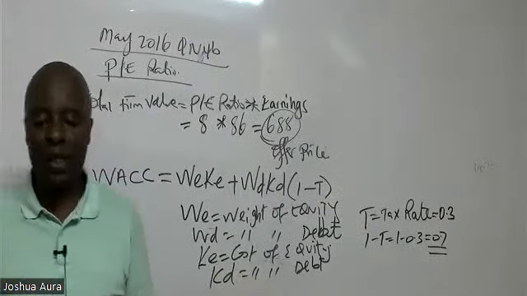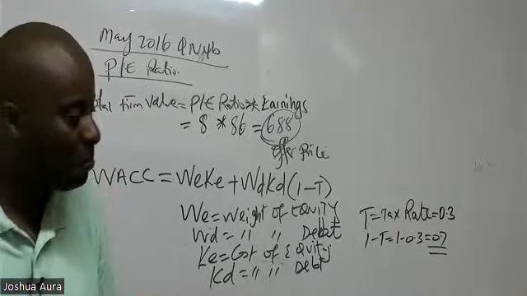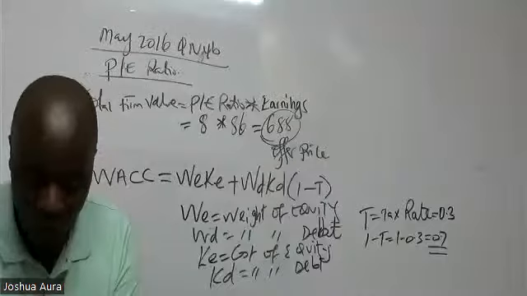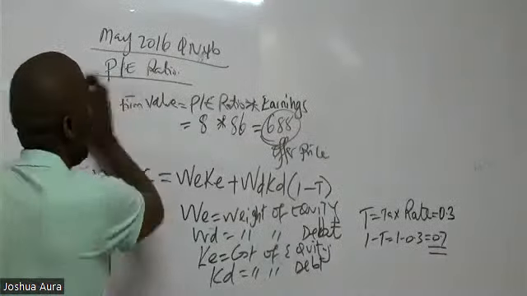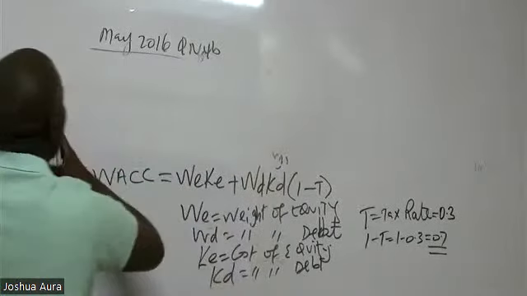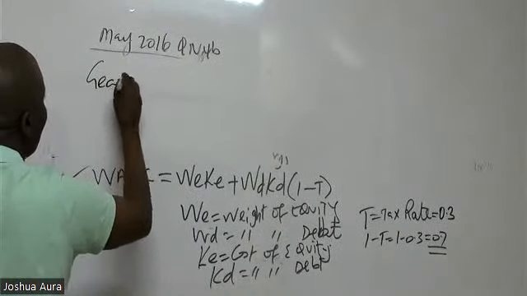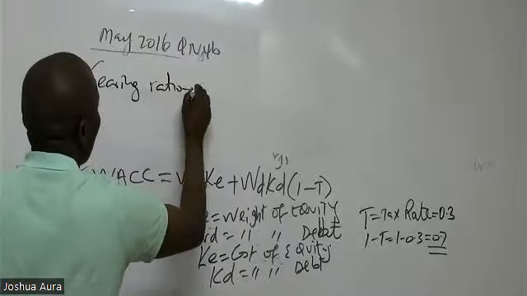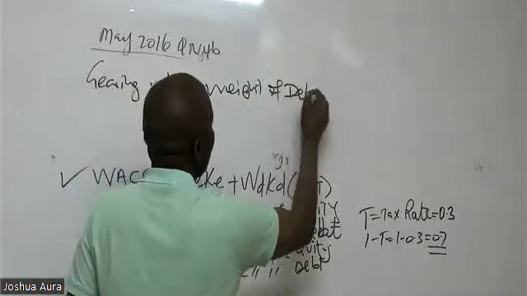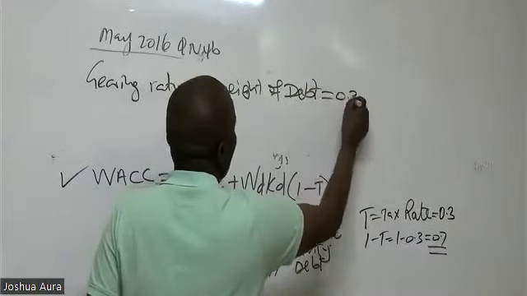Gearing ratio is the same as weight of debt. Very easy. So gearing ratio is the same as weight of debt, which is 0.35.